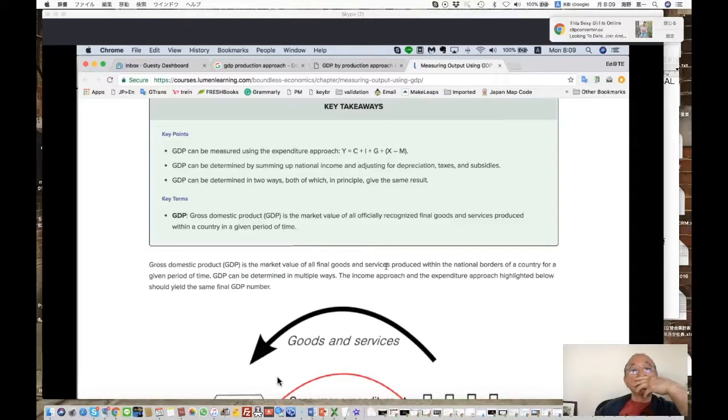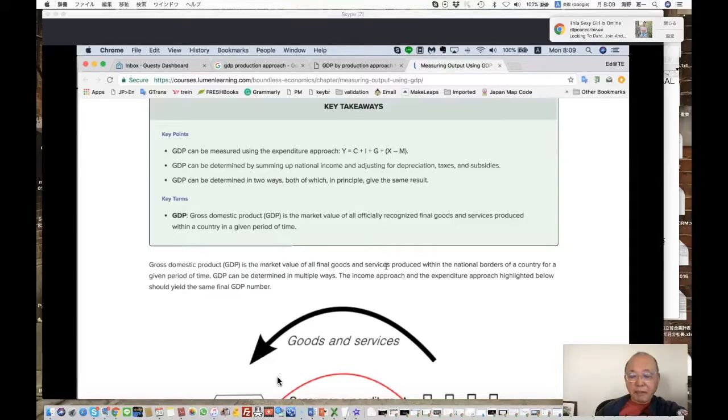So basically, I added 100 yen of value as a manufacturer. If the wholesaler sells it to the convenience store for 400 yen, the producer of the raw material added 100 yen, I as a manufacturer added 100 yen, the wholesaler added 100 yen, and the retailer, if it sells the product for 500 yen to me, also adds 100 yen of value.